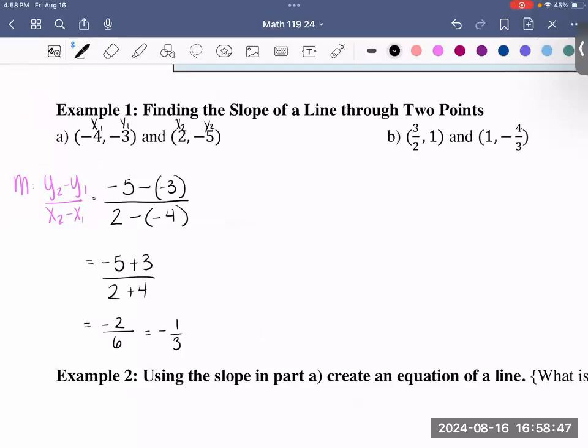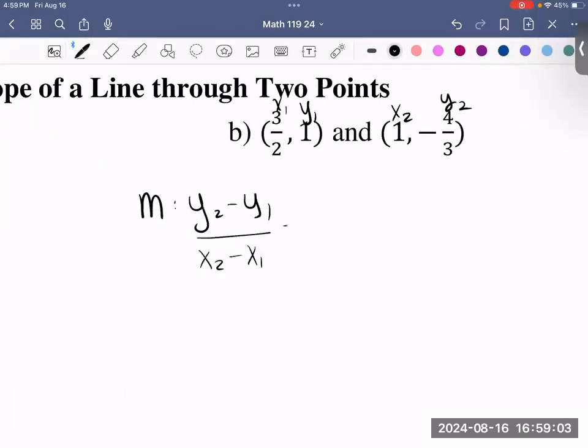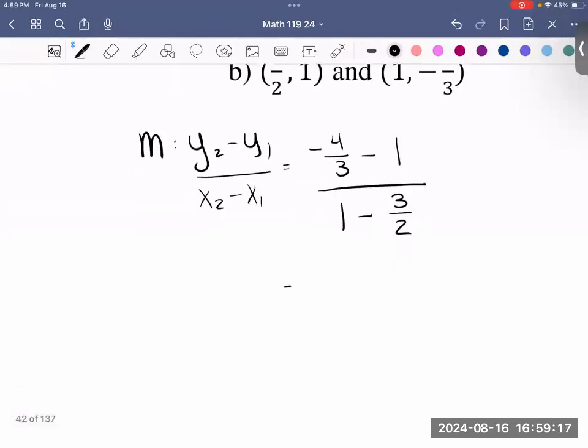All right, so for our next one, we're working with fractions, which is okay. Again, all you're going to do is just label. So we have y2 as -4/3 minus 1 divided by 1 minus 3/2. Now, working with fractions, we want to make sure we get a common denominator.